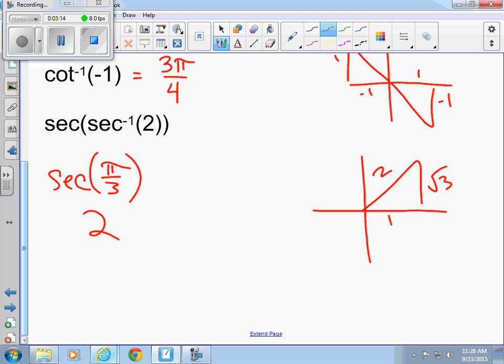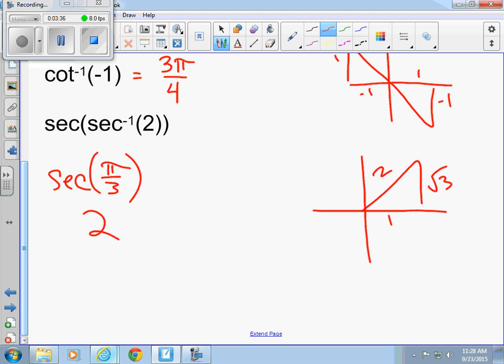Does that make sense? The secant of pi over 3 is hypotenuse over adjacent. Did that feel like a silly question? Yes. It felt like we were running in circles there. Why? You get 2. Secant of pi over 3, unit circle question, could have been on your unit circle quiz.